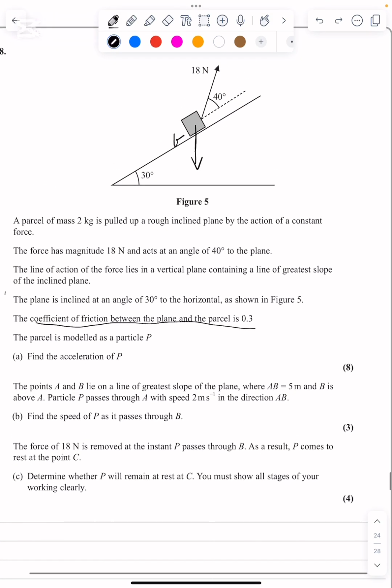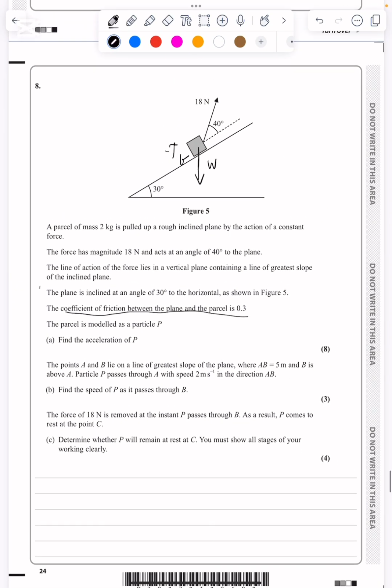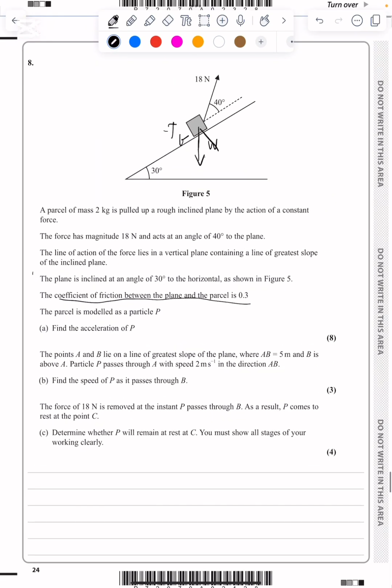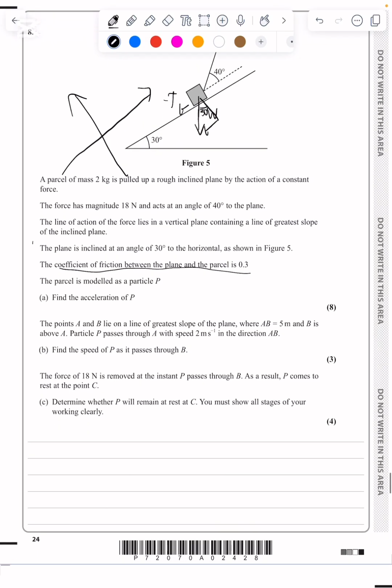So there's a weight here, and then there's a friction here. If we make it into this axis right here, then this is 30 degrees. So weight times sine of 30 degrees plus friction equals 18 times cosine 40 degrees.